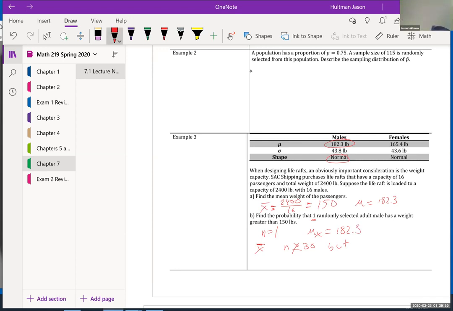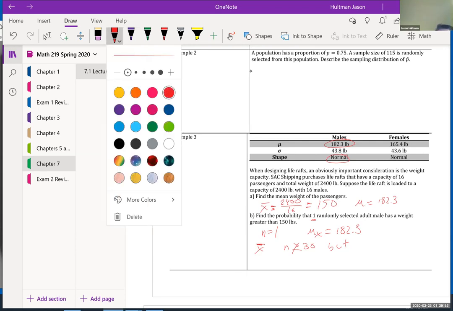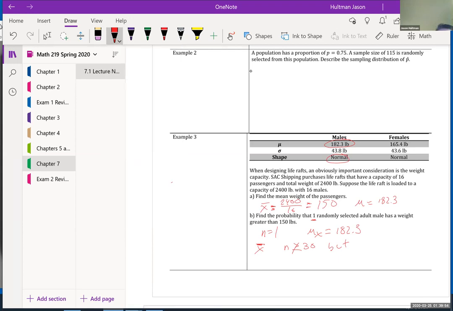So again, it'd be good to go over the shape of these. What do we know about the original? The original one is normal. This is the population, and it had mu of 182.3.